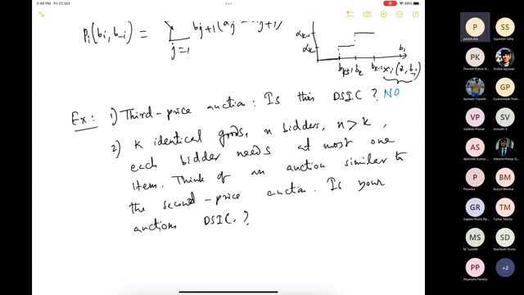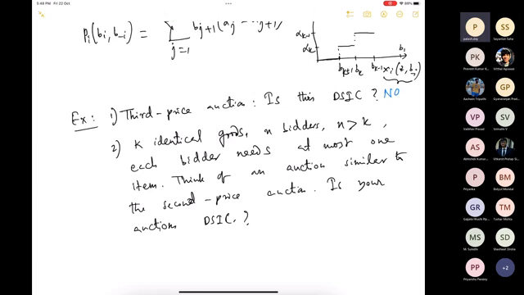So any other payment rule will not be DSIC, straight from Meyerson's lemma, because if you fix an allocation rule, the payment rule that makes it dominant strategy incentive compatible is unique.